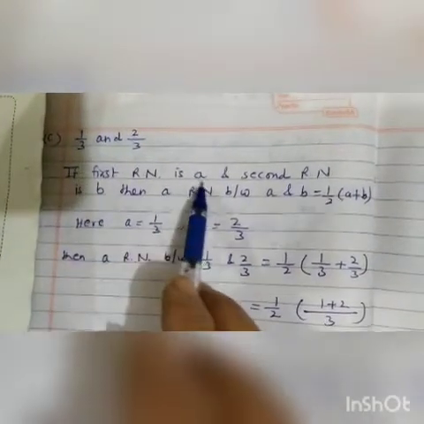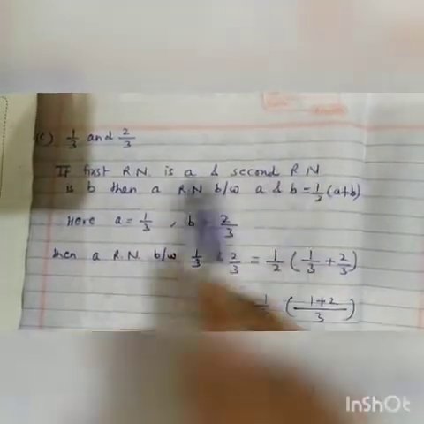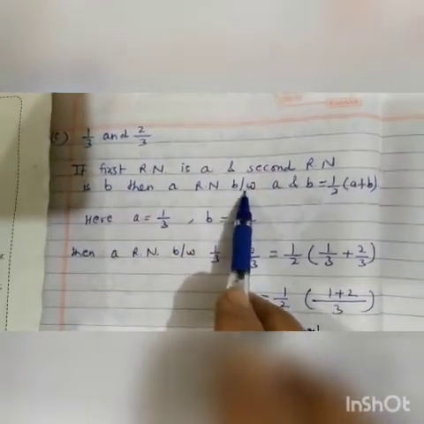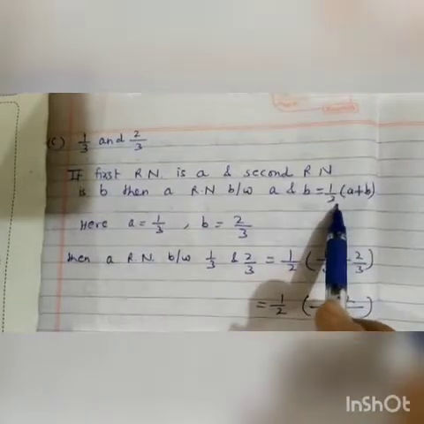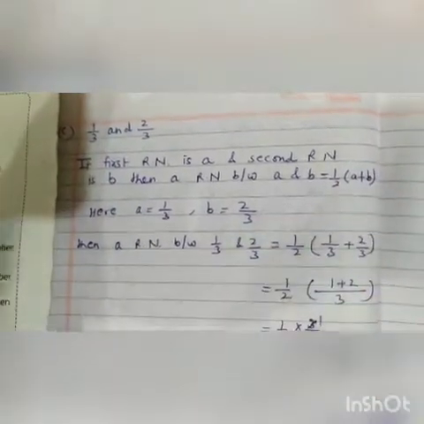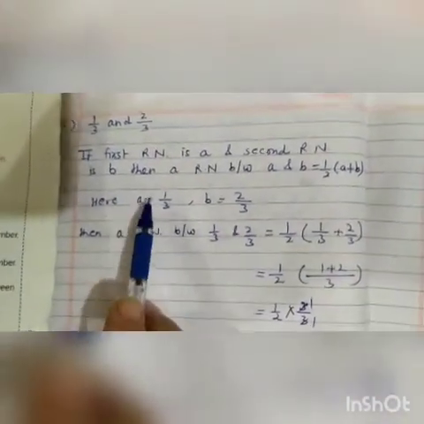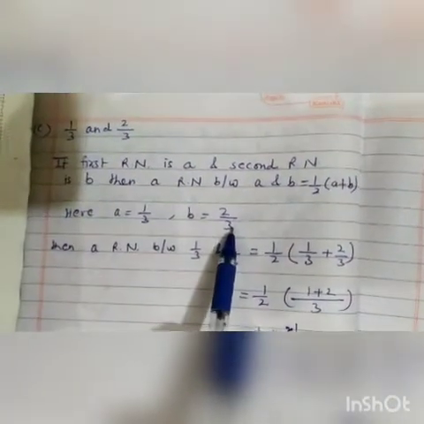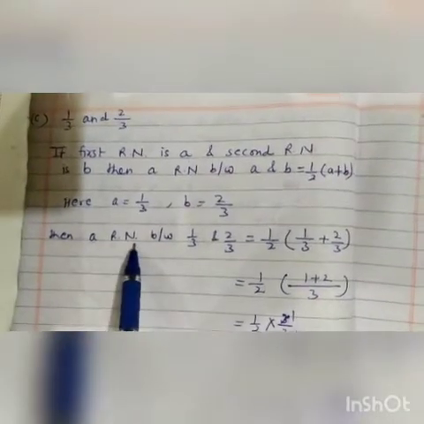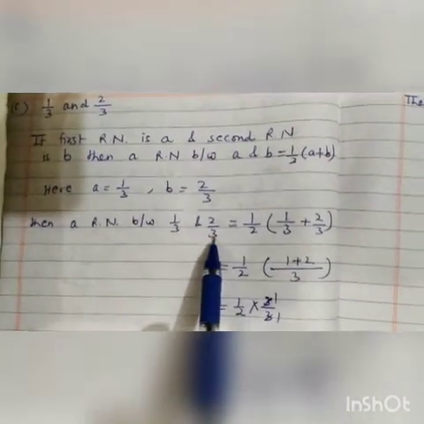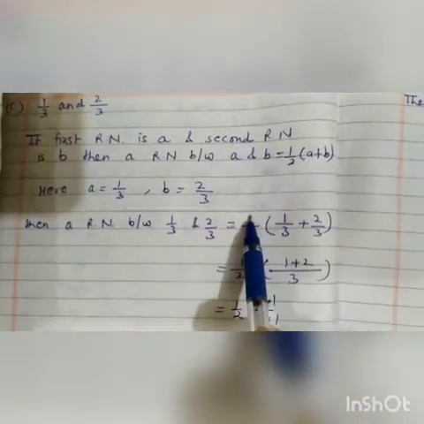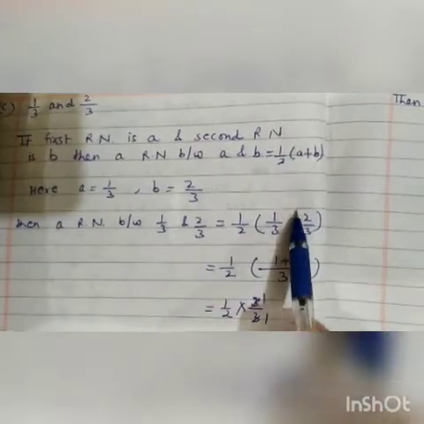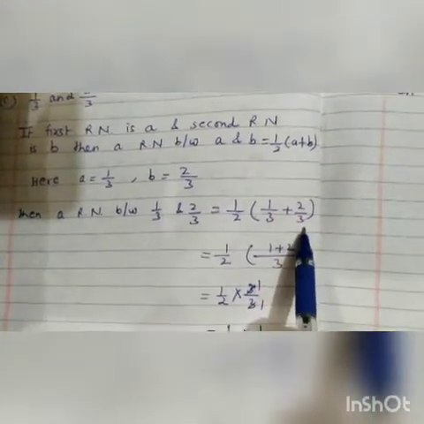If first rational number is A and second rational number is B, then a rational number between A and B is equal to 1 upon 2 within bracket A plus B. Here value of A is 1 upon 3 and value of B is 2 upon 3. Then a rational number between 1 upon 3 and 2 upon 3 is equal to 1 upon 2 bracket, value of A is 1 upon 3 plus value of B is 2 upon 3.